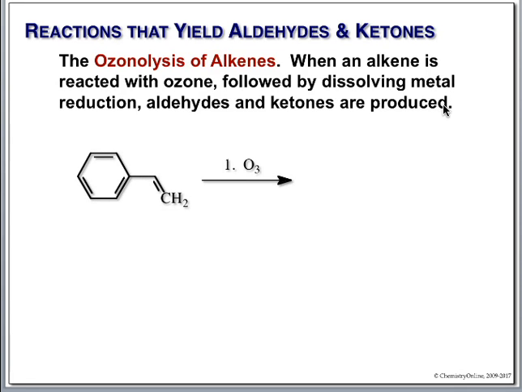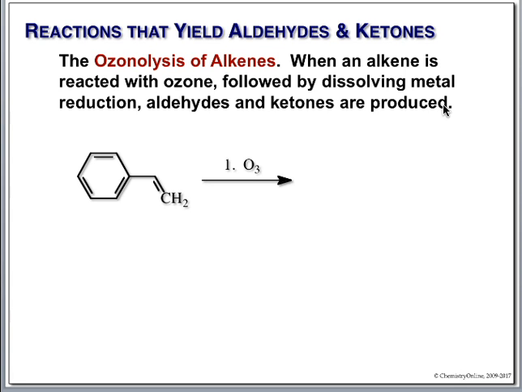Now it's time to go back and review the good old days of 234. How do we make aldehydes and ketones? One of the earliest things that we learned in 234 was that you could take an alkene and you could ozonize it.